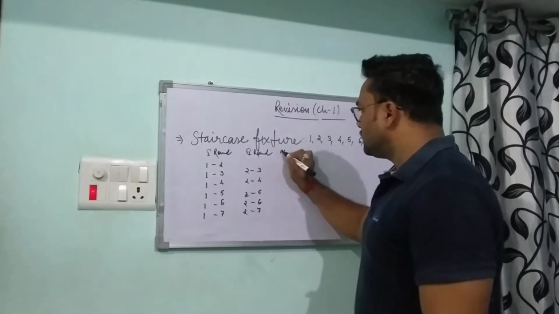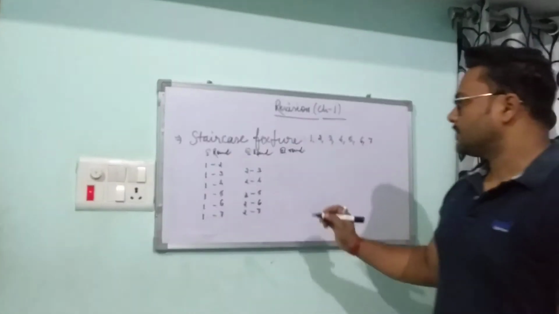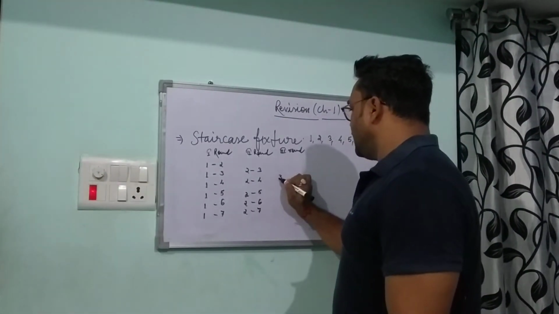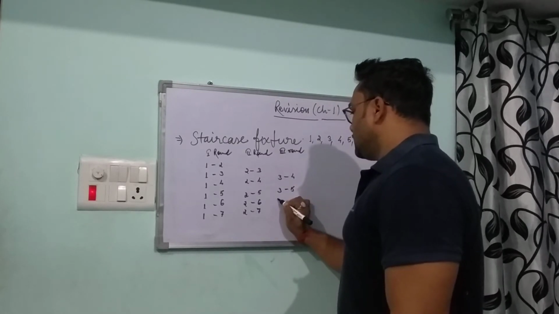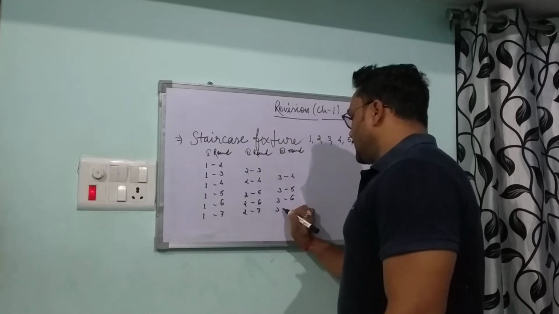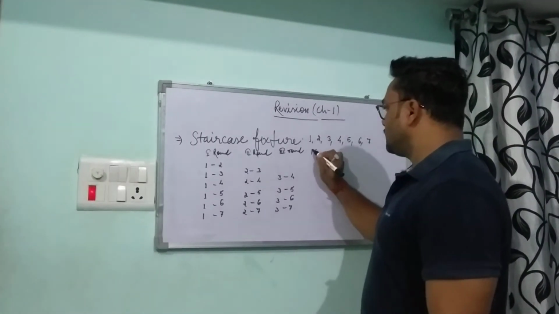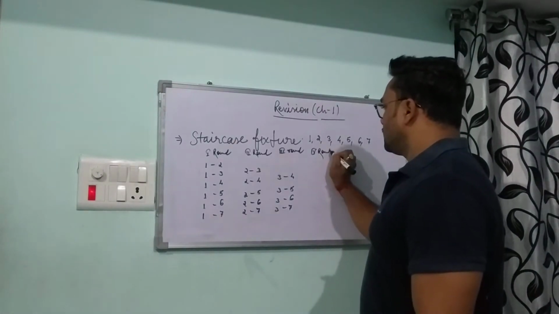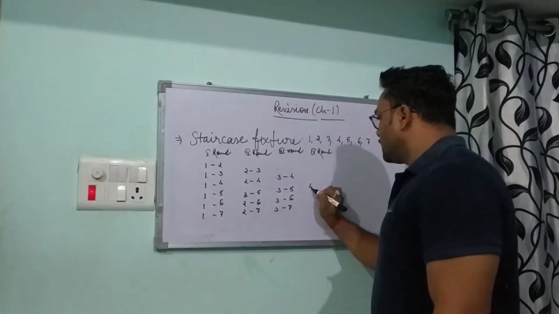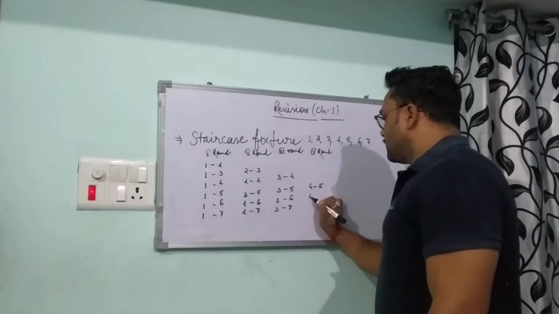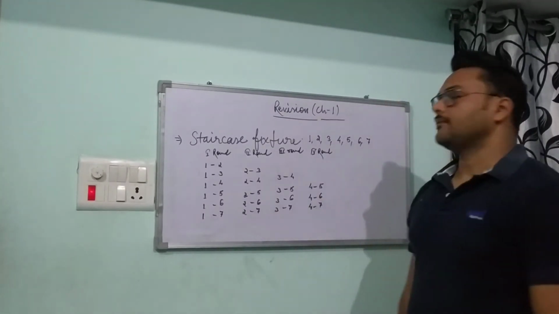Third round, you can see 3 can play with 4, 3 can play with 5, 3 can play with 6, and 3 can play with 7. Next, fourth round, 4 will play with 5, 4 will play with 6, and 4 will play with 7.